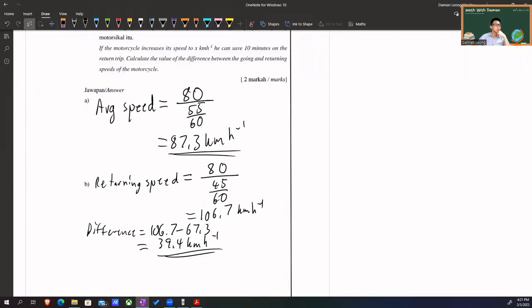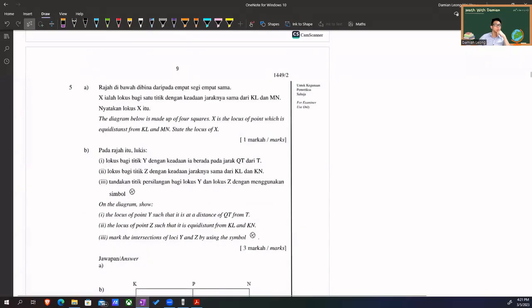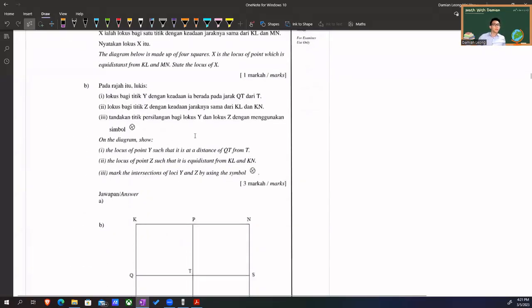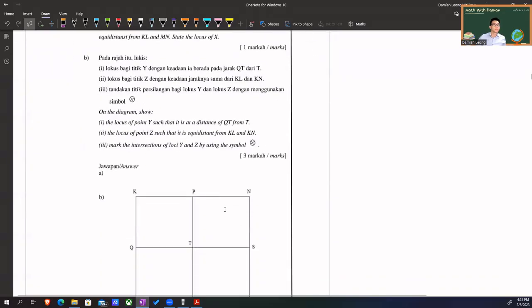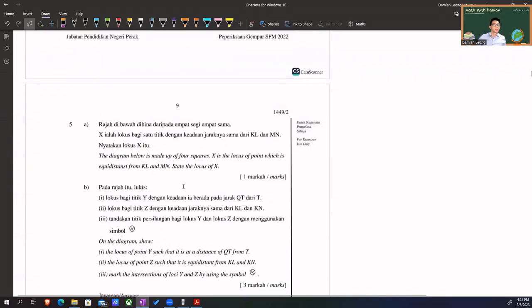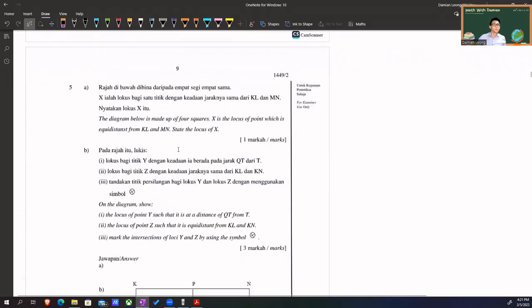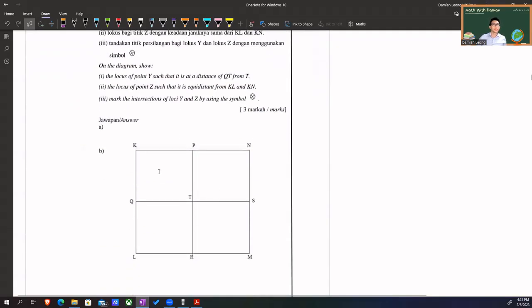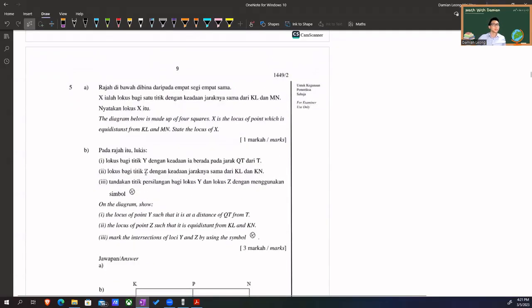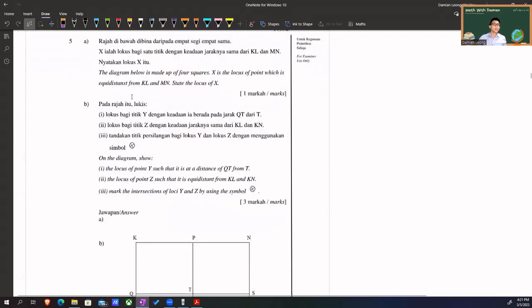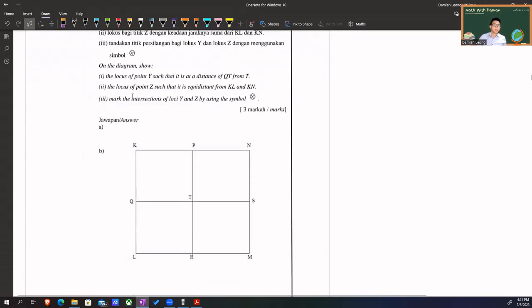Okay. Then question 5. Diagram below is made out of 4 squares. This one, basically. So X is the locus of a point which is equidistant from KL and MN.